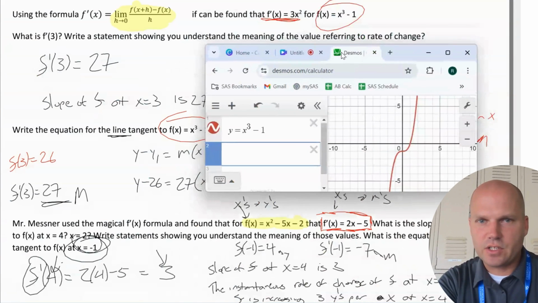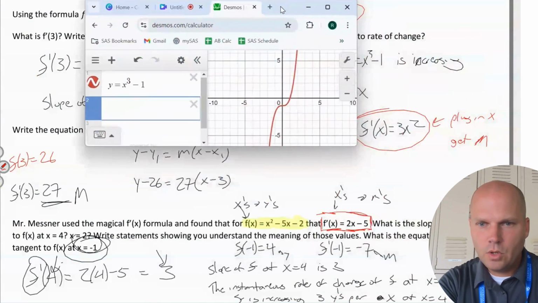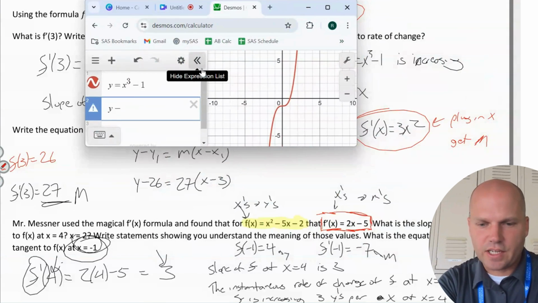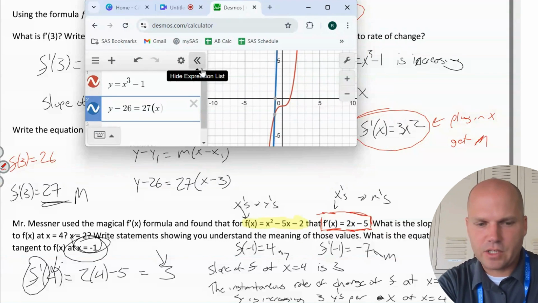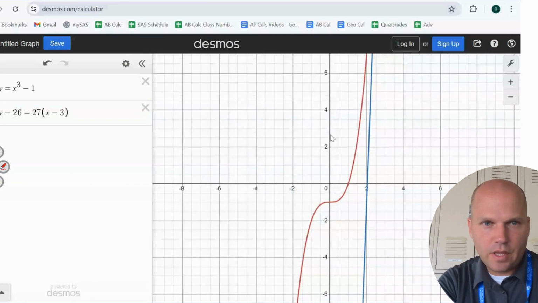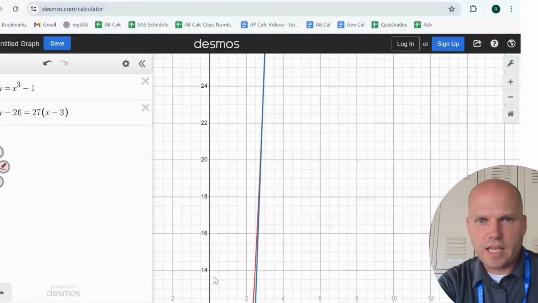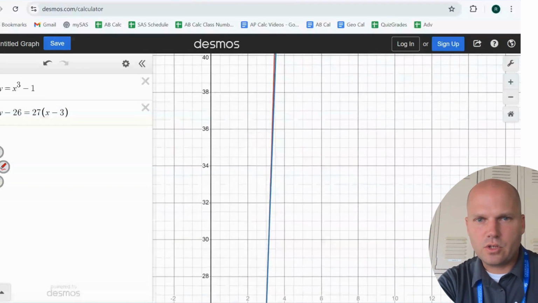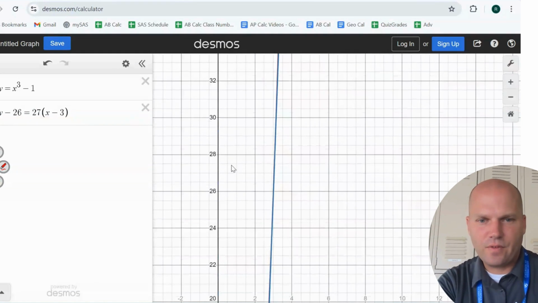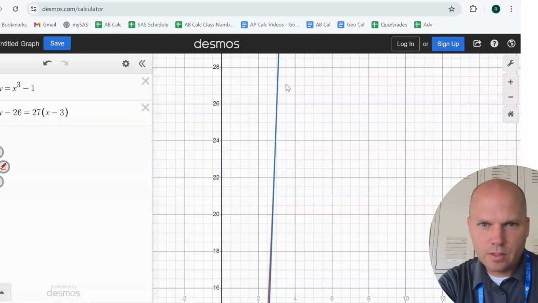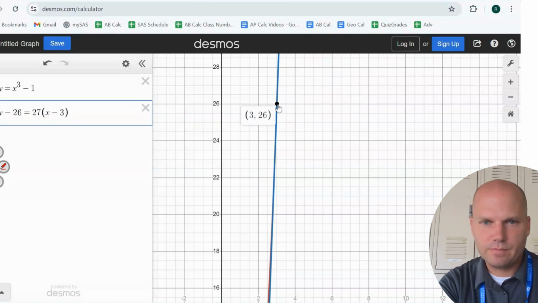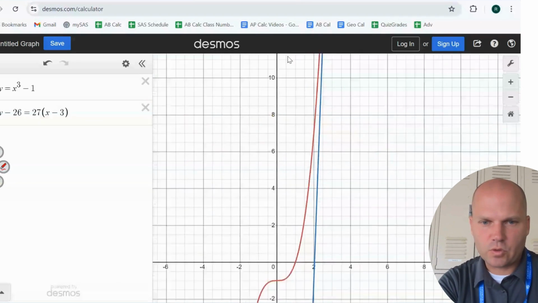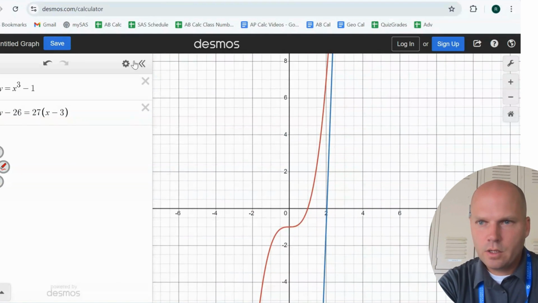I found a tangent equation: y minus 26 equals 27(x minus 3). Ba-bam. There is the tangent line to the graph at this point, 3, 26. Great. First one, check. Next one.